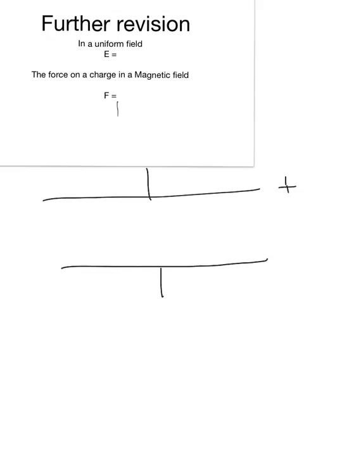The electric field strength in a uniform field can be found on parallel plates, where you might find a positive and a negatively charged plate, and an equally spaced set of field lines. Okay, here's another bit of revision.